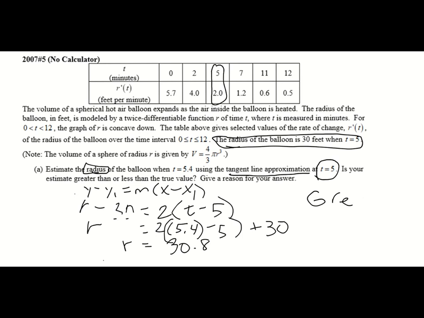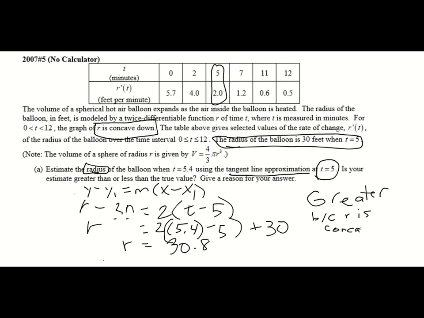Our approximation is greater than the true value, and the reason for that is because the graph of r is concave down. Because r is concave down.